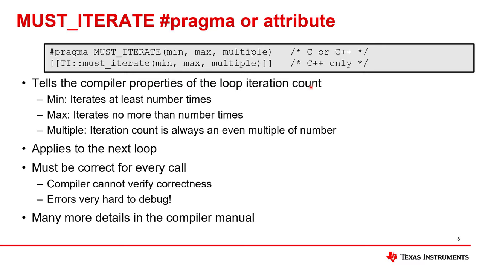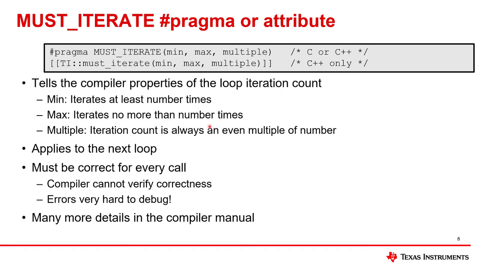What properties are we talking about? Well, the first number, the min, says this loop iterates at least this number of times, whatever the number may be. Like 4 was the number we just used in the example. The second number, max, you're promising the compiler that the loop will never iterate more than this number of times.